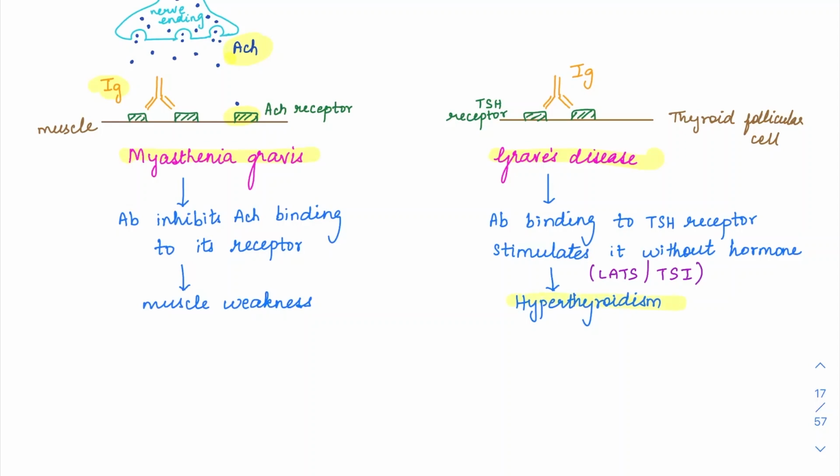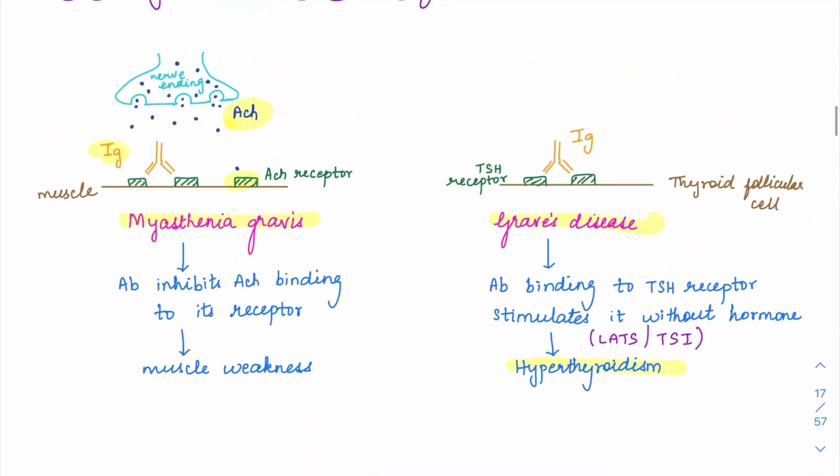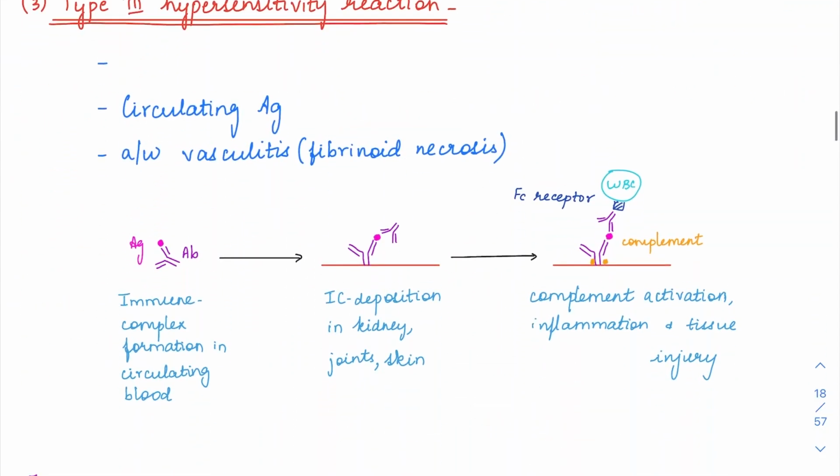So it results in hyperthyroidism. This antibody acting against the TSH receptor is also called long-acting thyroid stimulator, or LATS. It is also called thyroid stimulating immunoglobulin, or TSI. So LATS or TSI is going to be present in Graves disease. Both myasthenia gravis and Graves disease are examples of type 2 hypersensitivity reactions.